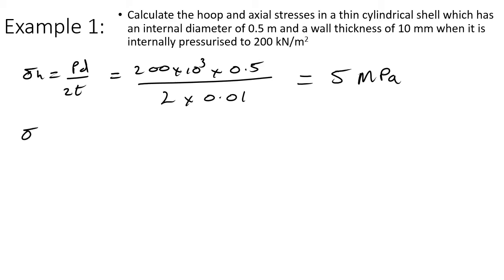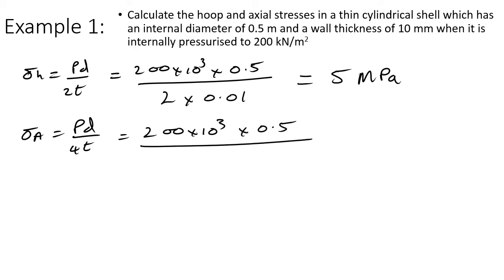If we do the same for our axial stress, well, I'll do the calculation, but you can probably see straight away that it's going to be half of the hoop stress. We've got 200 times 10 to the 3 times 0.5, and this time it's over 4 times the thickness, which is going to equal 2.5 megapascals.